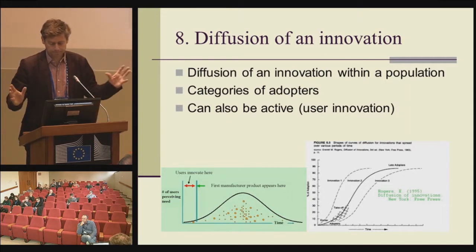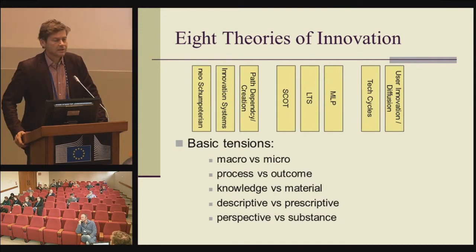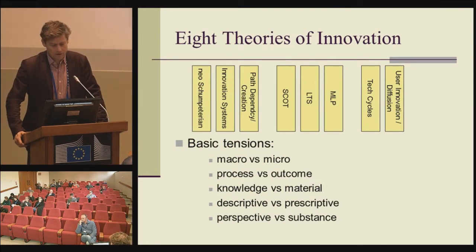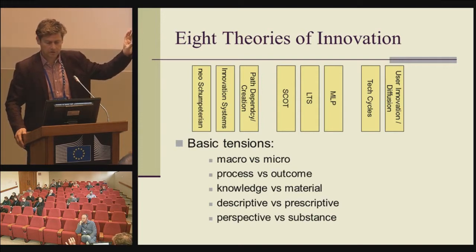Okay, so these are quite some theories, neo-Schumpeterian, so you have them on top. I won't repeat it now, but you will see the three blocks of economic, socio-historical, and management.